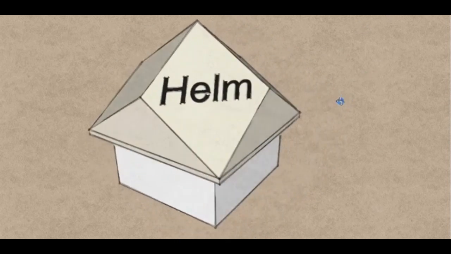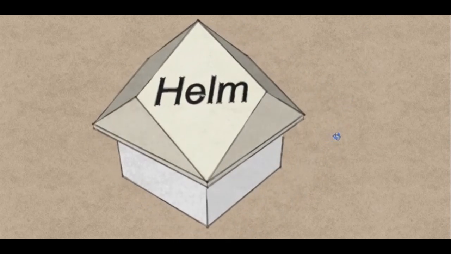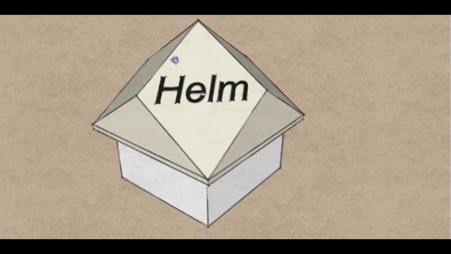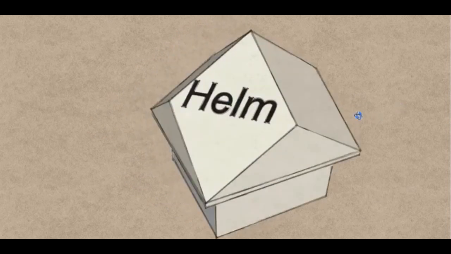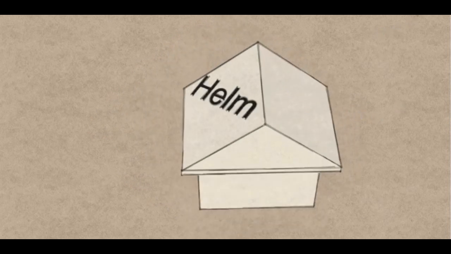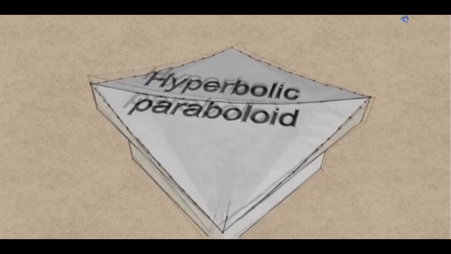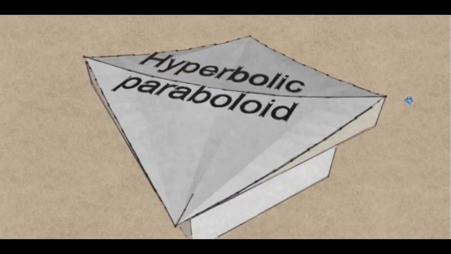The helm, which is again a bit of a weird combination of the gable and a hip. It'd be a nice way to finish off a tower or something. And one which is becoming more popular nowadays with the shade sail type setup is the hyperbolic paraboloid roof.